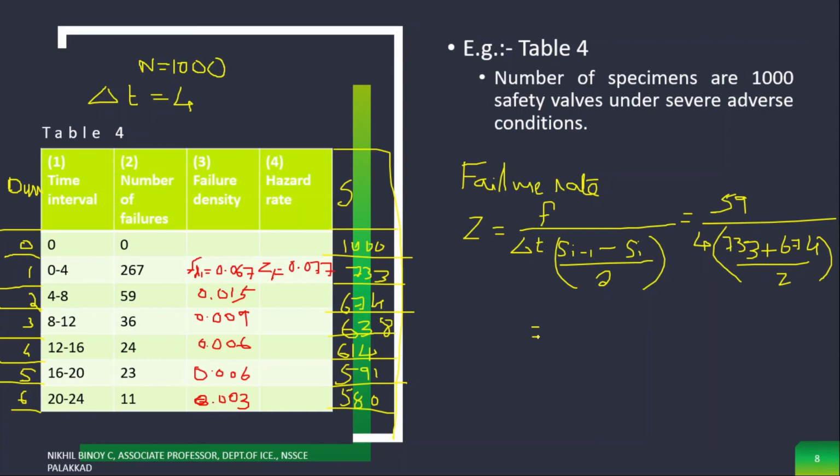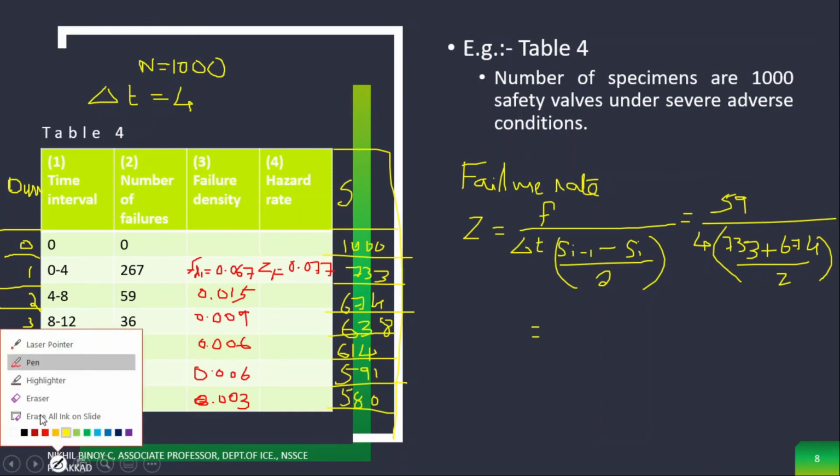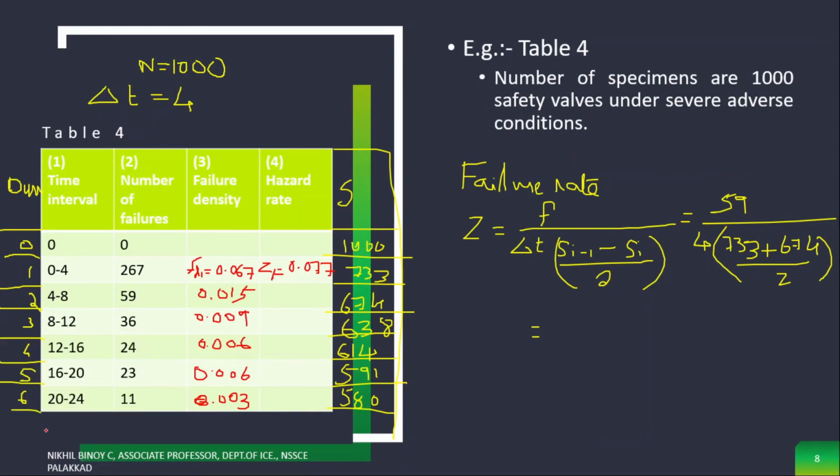So that is 0.020966. It is continuing. So if you are rounding that to 3 significant digits, the hazard rate corresponding to the second duration is 0.021.